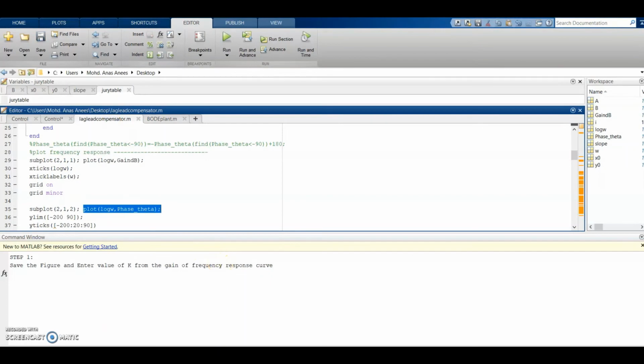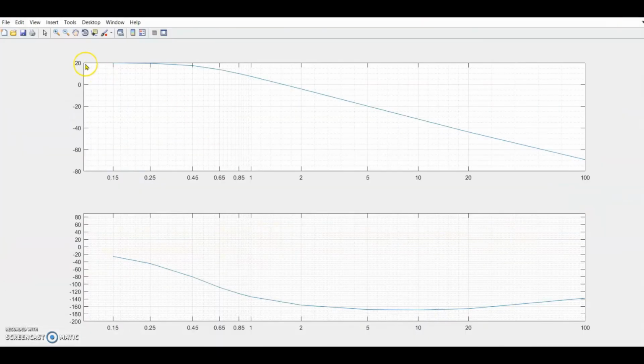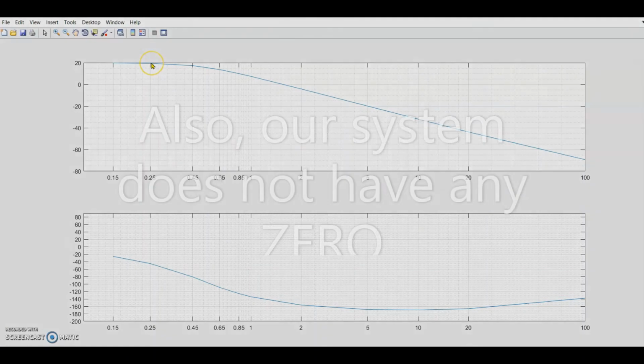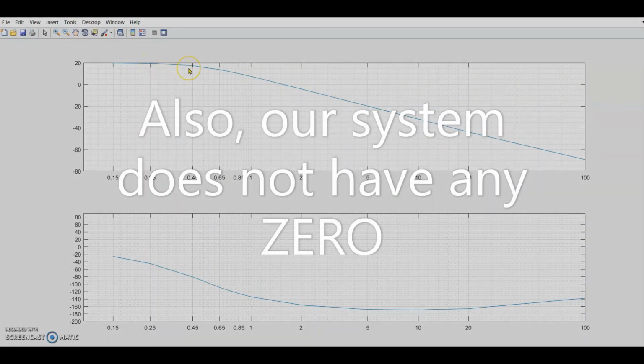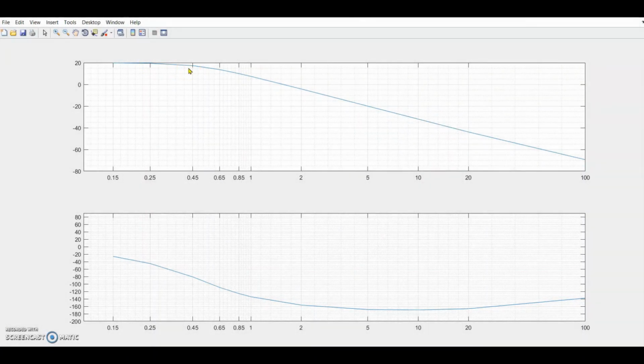So for type 0 system, the slope starts with 0, and then at one corner frequency there will be a slope of minus 20 dB per decade, and then at another corner frequency there will be a further slope of minus 40 dB per decade.